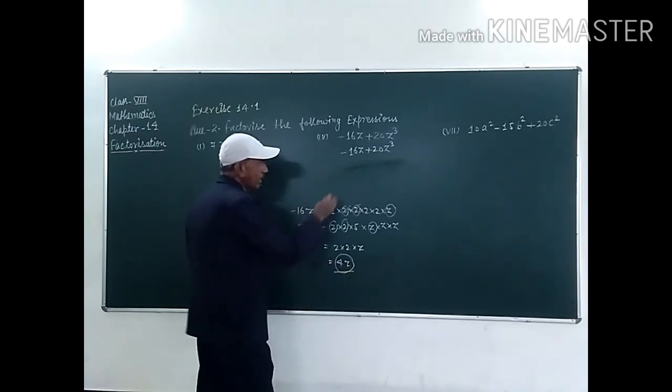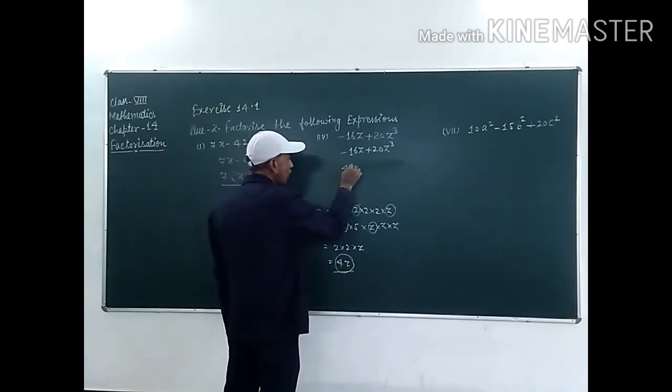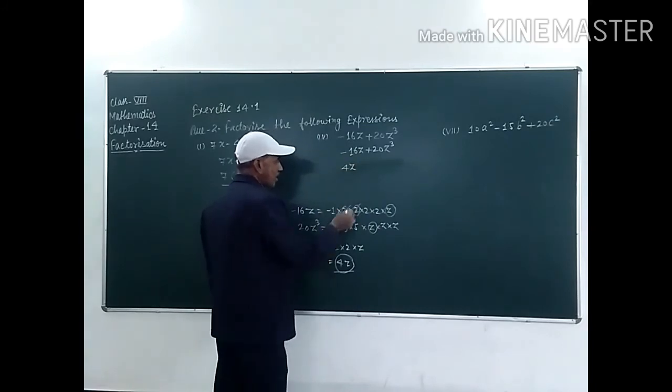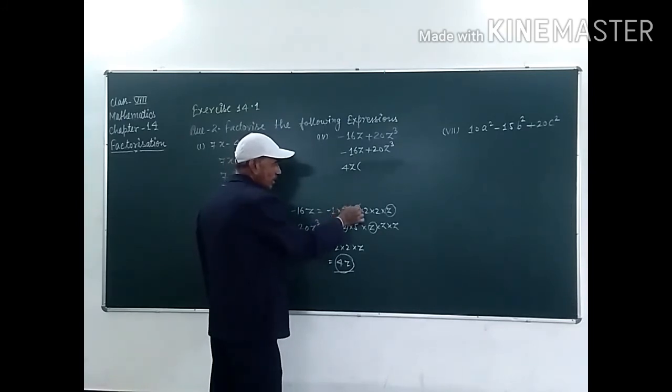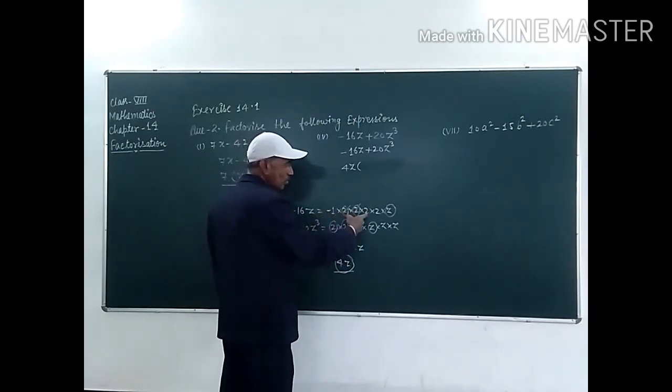So, 4z is common here students. We have to take this one common, 4z, and in bracket what will remain, students, because 2 and 2, this 2 2s are 4 we have taken as common, minus 1 remains here. So, minus 1 into 2, that is minus 2, into 2, that is minus 4.